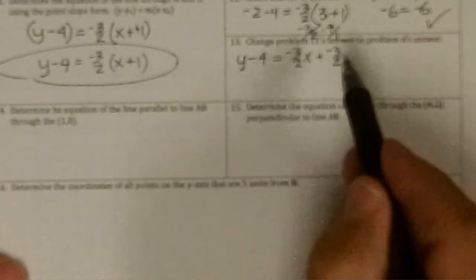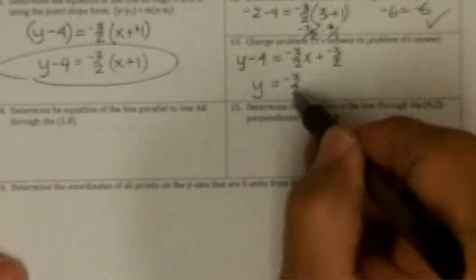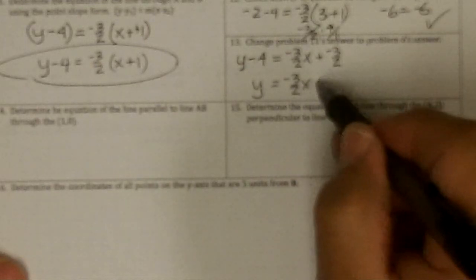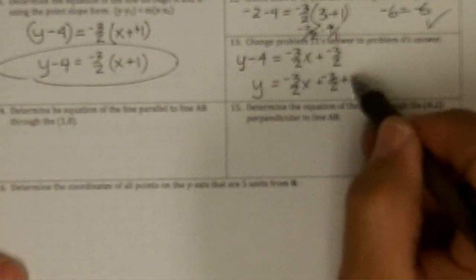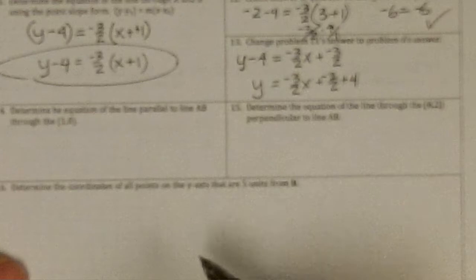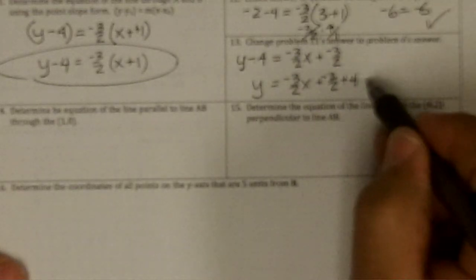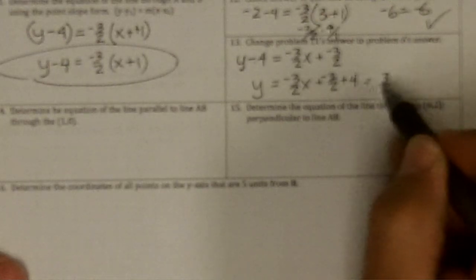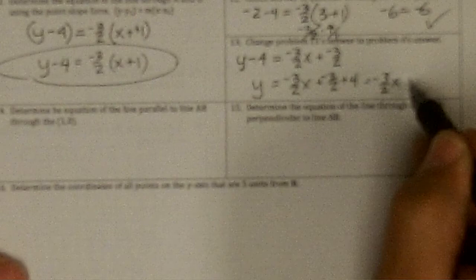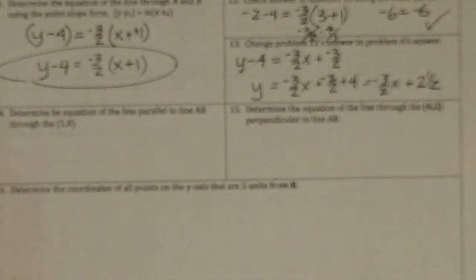And now if I add 4 over to this side, I get y equals negative 3 halves x plus negative 3 halves plus 4, adding 4 to both sides. Negative 1.5 plus 4 is 2.5, so we get negative 3 halves x plus 2 1/2. And we have that same equation that we had up here.